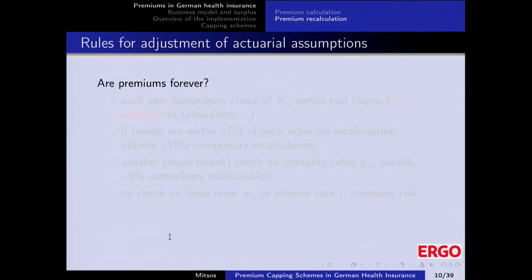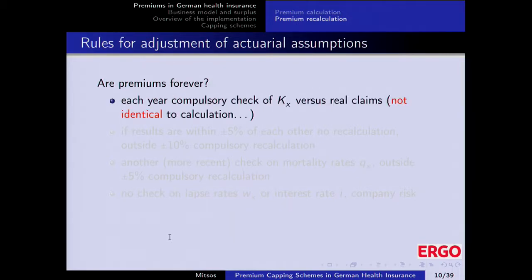Now we calculated the premiums, and so what happens in the life of a person if nothing has to be changed on the actuarial assumptions. But the actuarial assumptions may, of course, prove to be not correct.